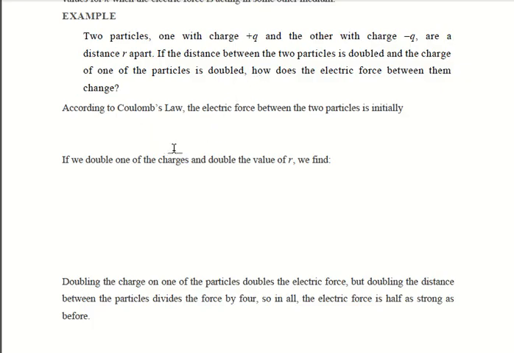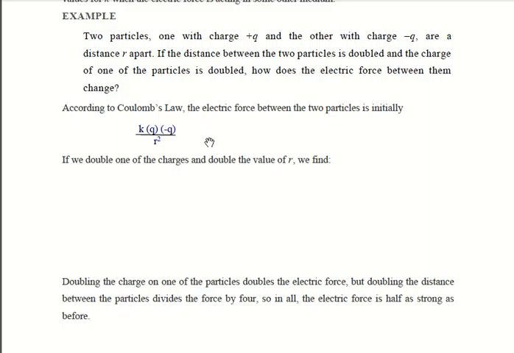So according to Coulomb's law, the electric force between the two particles at first is just K Q1, which here our Q1 is positive Q, times negative Q, and that is going to be over R squared.